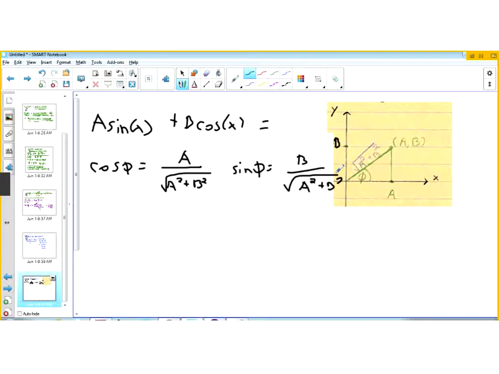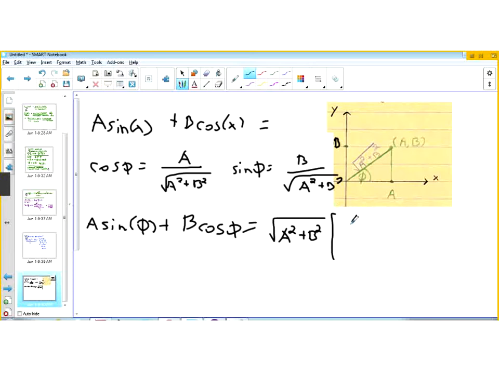Now, we also can transform the equation. Let me replace x with phi, because I'm going to be in terms of the diagram here. So let's do this. Let me multiply the expression by the square root of a squared plus b squared, and then I'll divide each term in the sum by that.